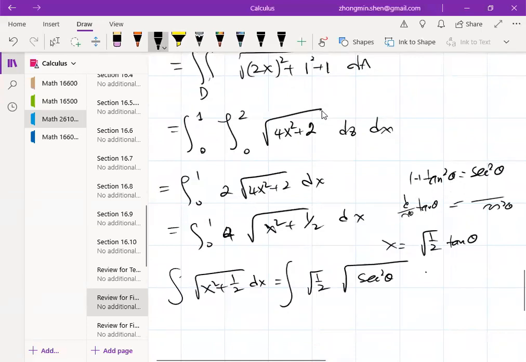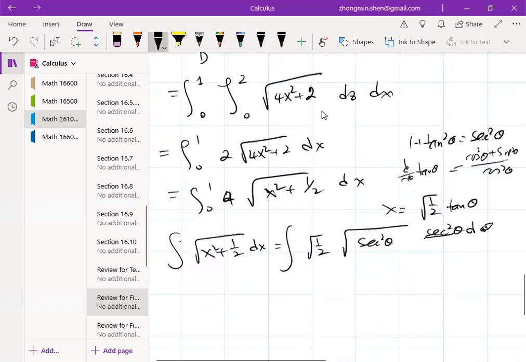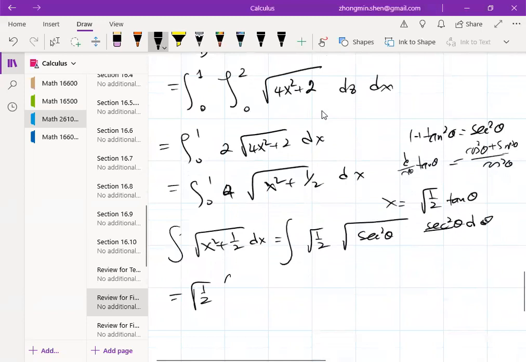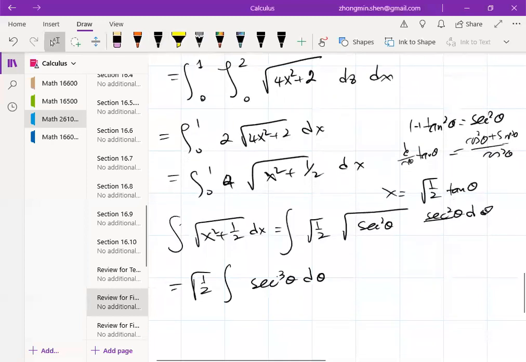So it's actually going to be 1 over cosine squared theta, so it's secant squared theta. So you end up with some integral. The problem is how to evaluate it.